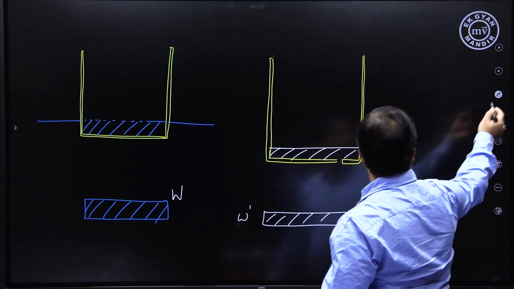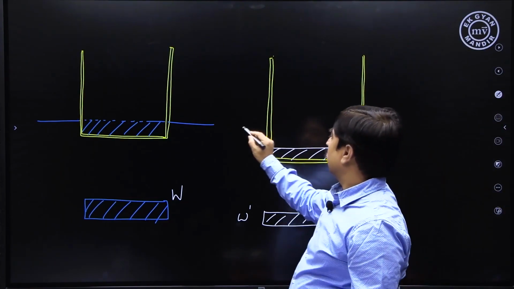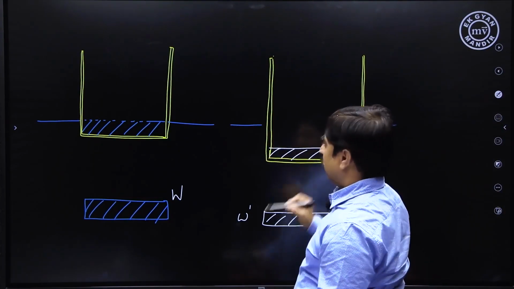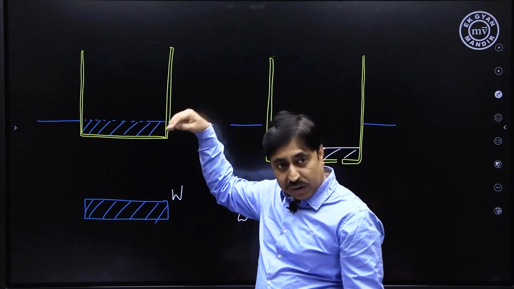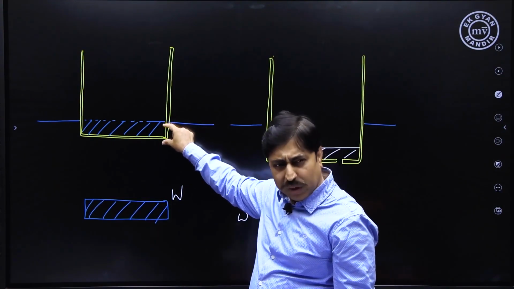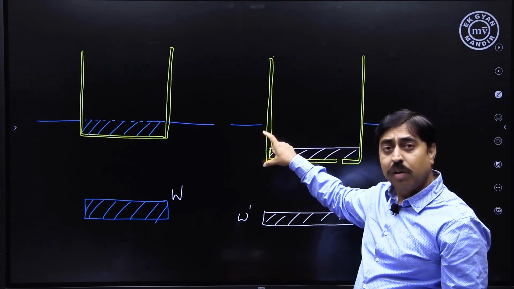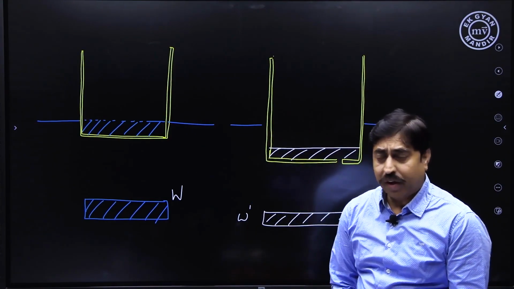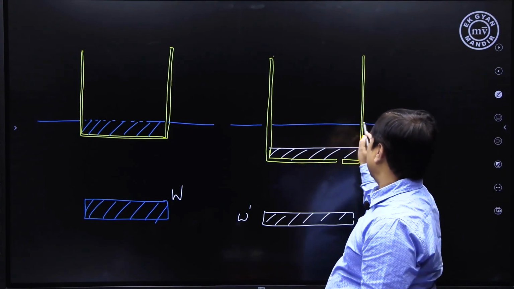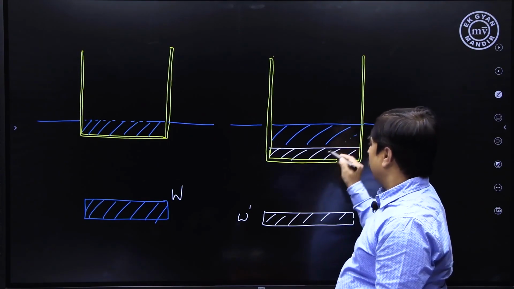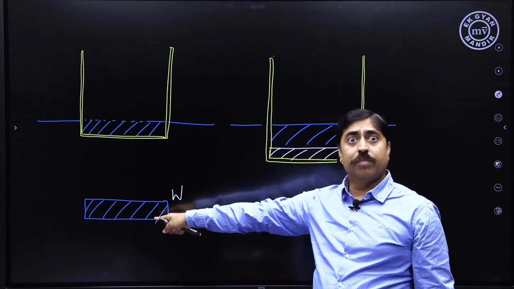So, the boat which was earlier inside water to this depth only, now it will be inside water to some more depth, right. Now, you can easily understand that this volume will be the same as this volume.